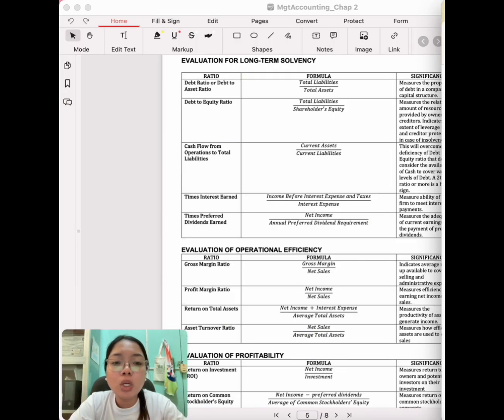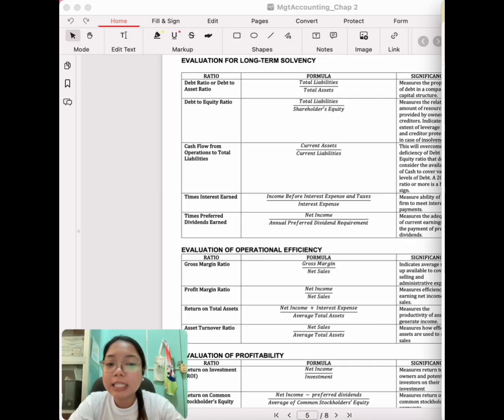So, for example, kung yung EBIT ng company is 1 million pesos and yung interest expense niya is 200,000 pesos, 1 million divided by 200,000 pesos, that's equal to 5 times. This means the company's earnings before interest and taxes are 5 times its interest expense. Ang pinaka-basic question na sinasagot ng ratio na ito is, kaya ba ng earnings ng company na bayaran ang kanyang interest expense? Okay? Iyon ang sinasagot ng ratio na yan.